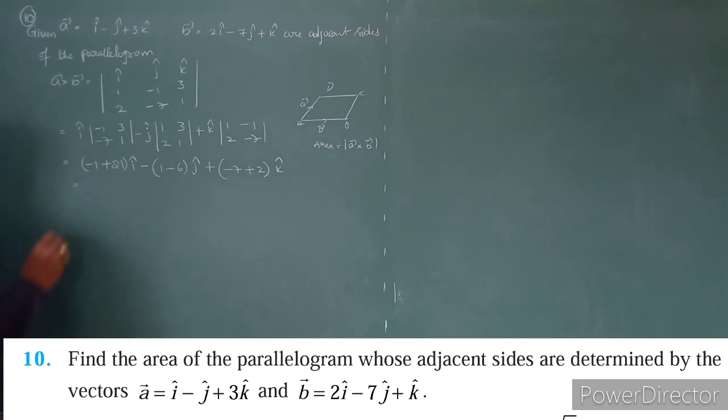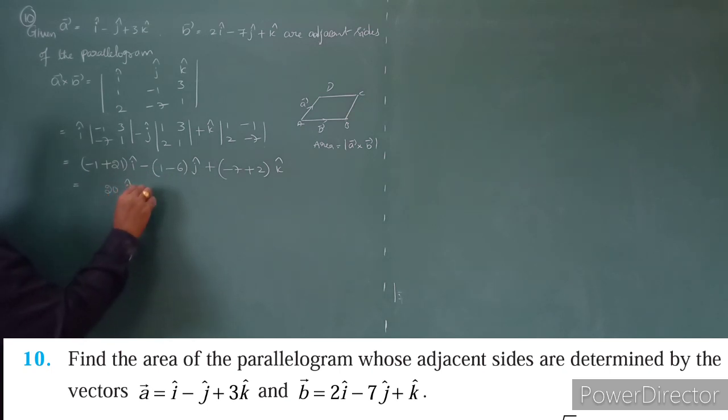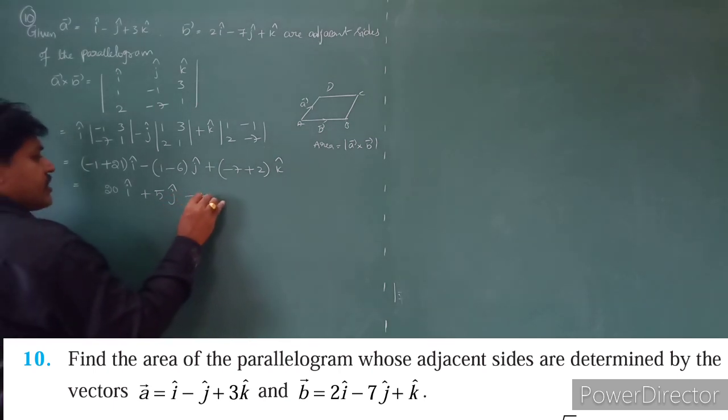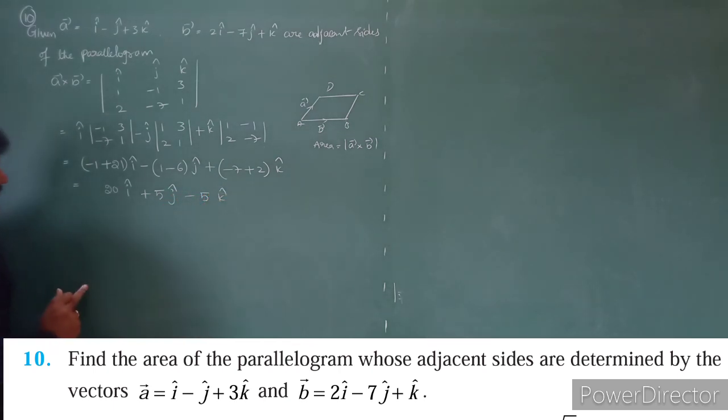So what happens, that is 20 i cap plus 5j minus 5 k cap.